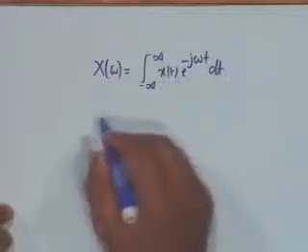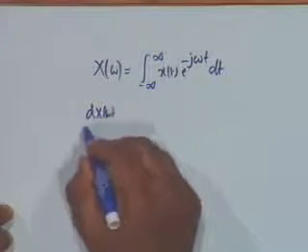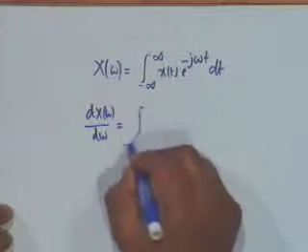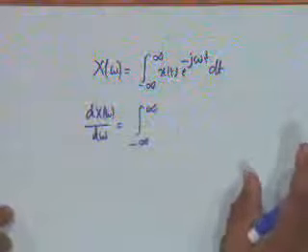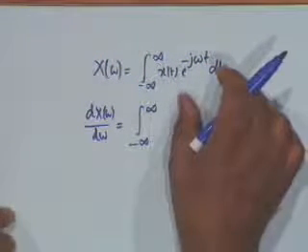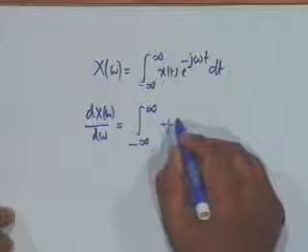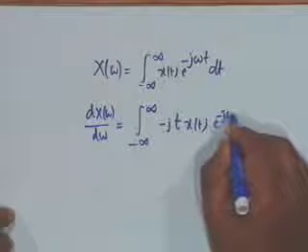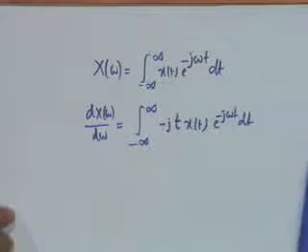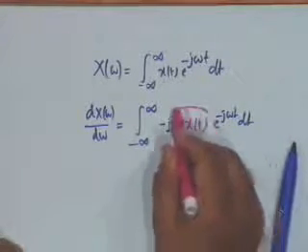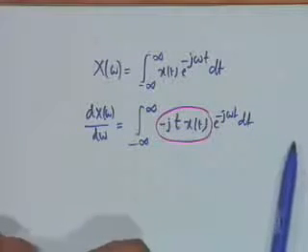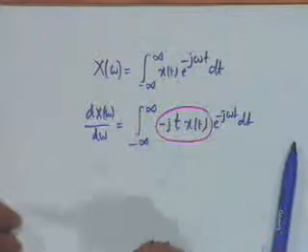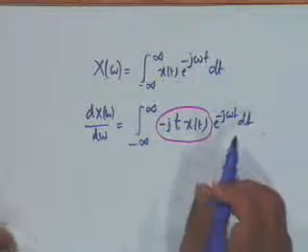Now I differentiate with respect to omega, and I can differentiate within the integral sign, because the variable here is small t, and therefore I get minus jt x(t) e to the minus j omega t dt, and therefore dX/d omega is the pair of minus jt x(t). It is also directly provable, but it also follows from the duality theorem.